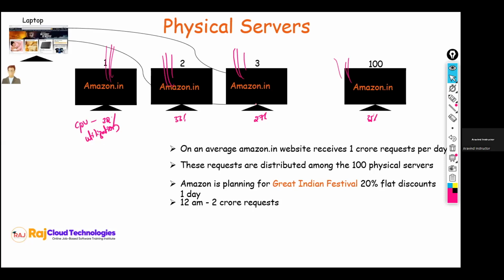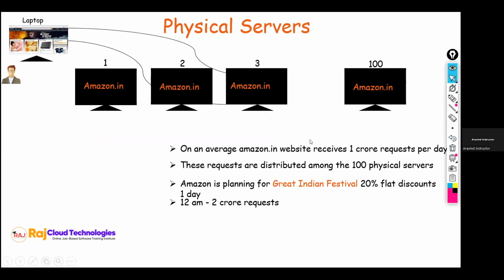You open different photos, you are viewing some photos. What happens if you open like 10, 20 applications at a time? Your system will become slow. Because in the backend multiple apps are running, all these applications will utilize some CPU. Your system will become slow. Here also, if multiple requests are coming, the CPU utilization will increase slightly.